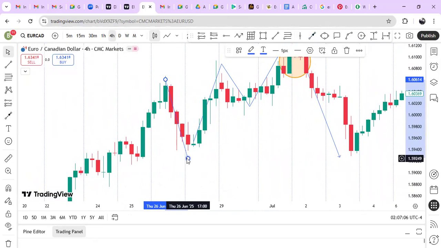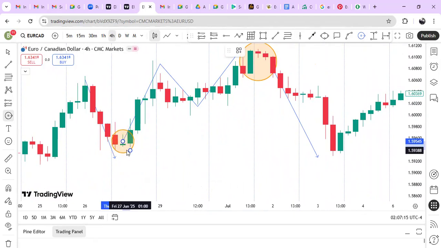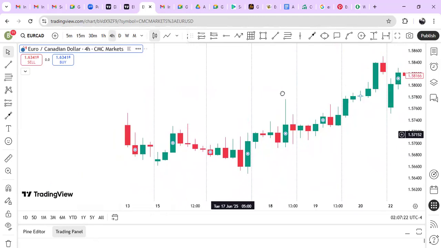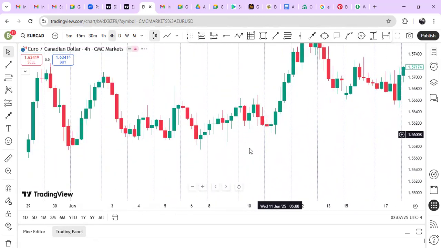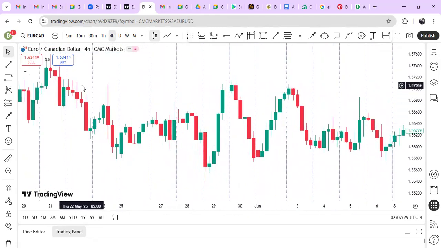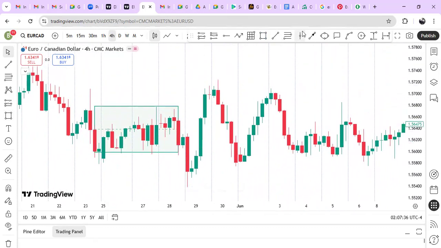You had this nice sell to the downside. What happened? The doji formed here. It's looking like a hammer as well. What happened next? The trend reversed to the upside. You can go through this over. We had a ranging market here, and we had this bullish push to the upside.